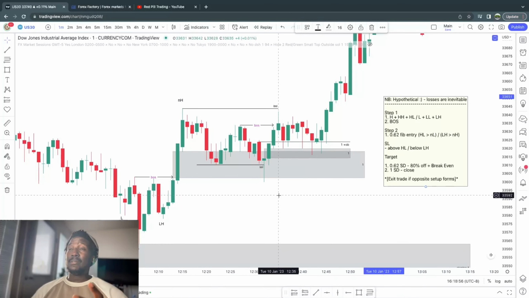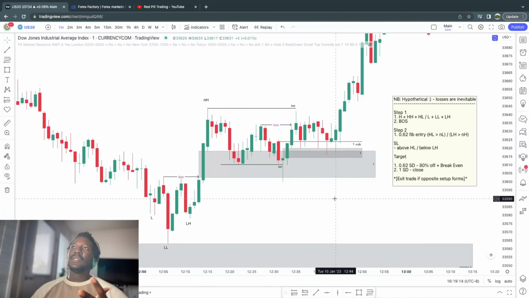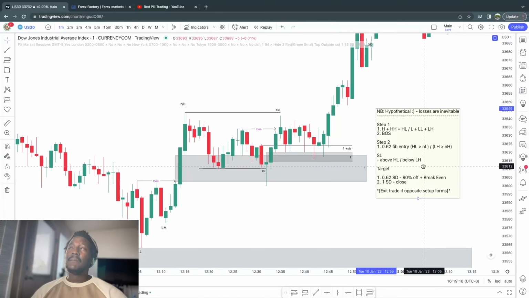So just risking like 1% of your account. Let's say you have $100, you're risking one. Let's say you have $1,000, you're risking $10, and then just to know that just like that it can go. So it takes a lot, and I think this is really good practice that everybody should have this skill under their belt.